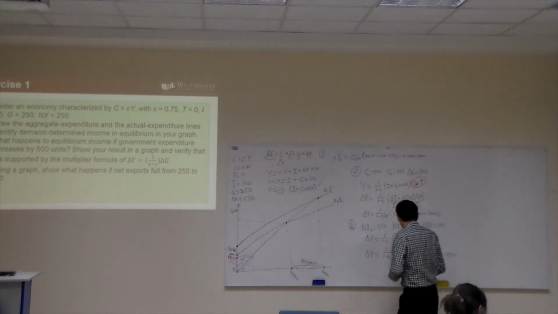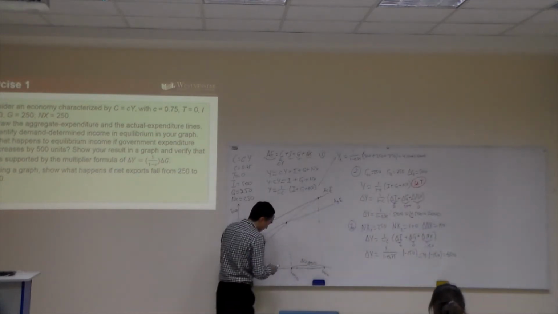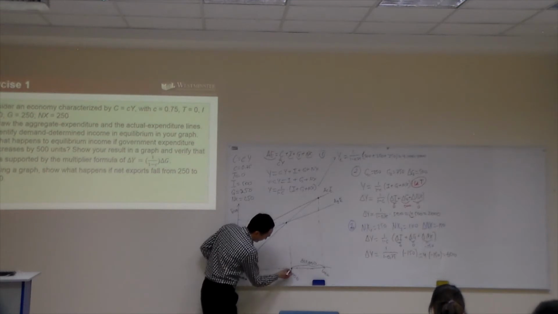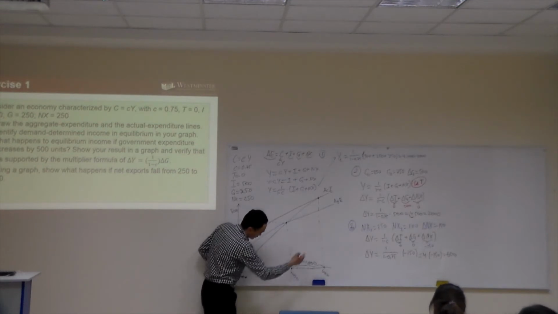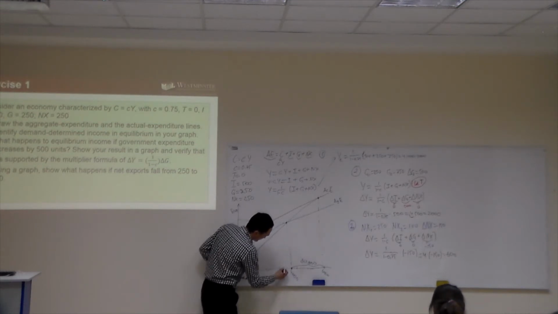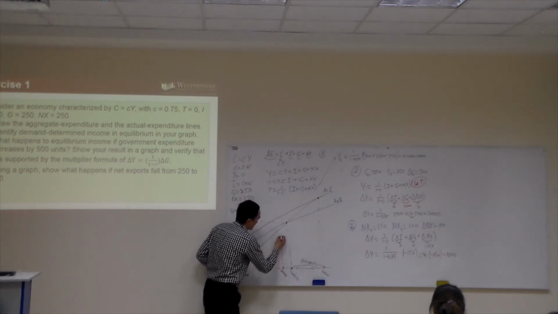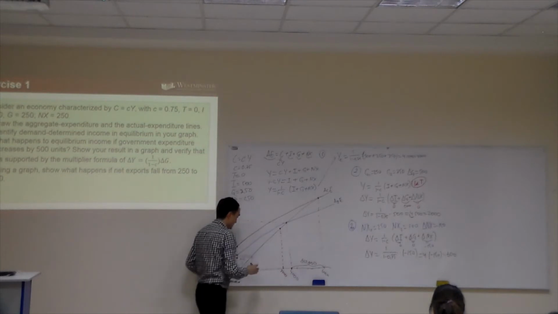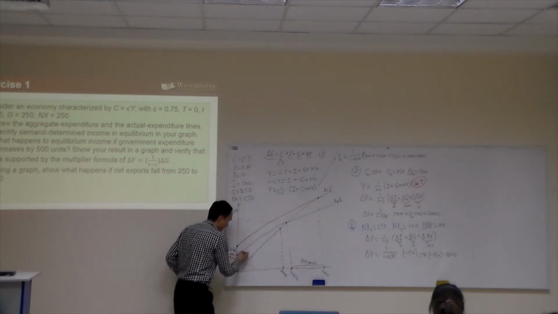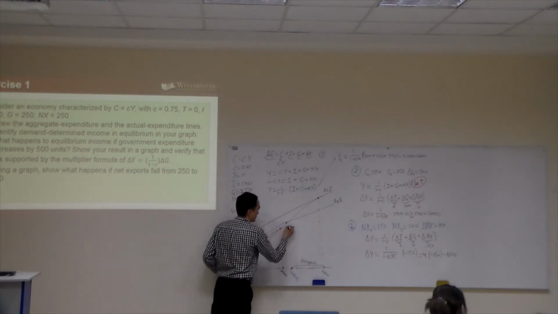So which means that initially it was somewhere 4,000, but it reduced from 4,000 to 4,000 minus 600, 3,400, right? Now equilibrium point is somewhere here. Now you can draw this line like this.